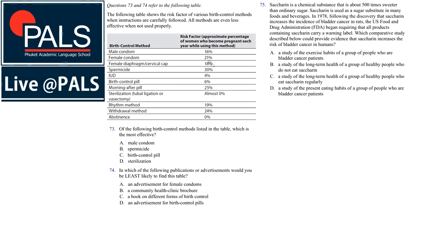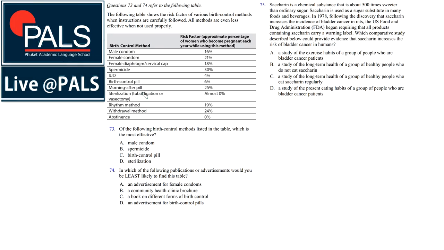So the higher the risk factor, the more women become pregnant, although they didn't want to become pregnant because they were obviously using a birth control method. So that's the important takeaway message here. Of the following birth control methods listed in the table, which is the most effective?